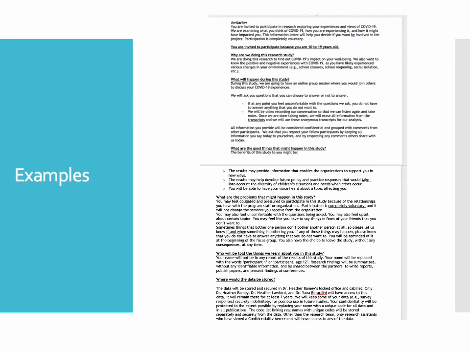So kind of like the exclusion-inclusion criteria, who's getting to participate, why are we doing this research, what will happen during the study. So you have to inform them of what's going to happen so then they can make an informed decision to be a part of the study. Informed means you're giving them all the information and they can make a decision voluntarily if they want to be a part of the study or not.